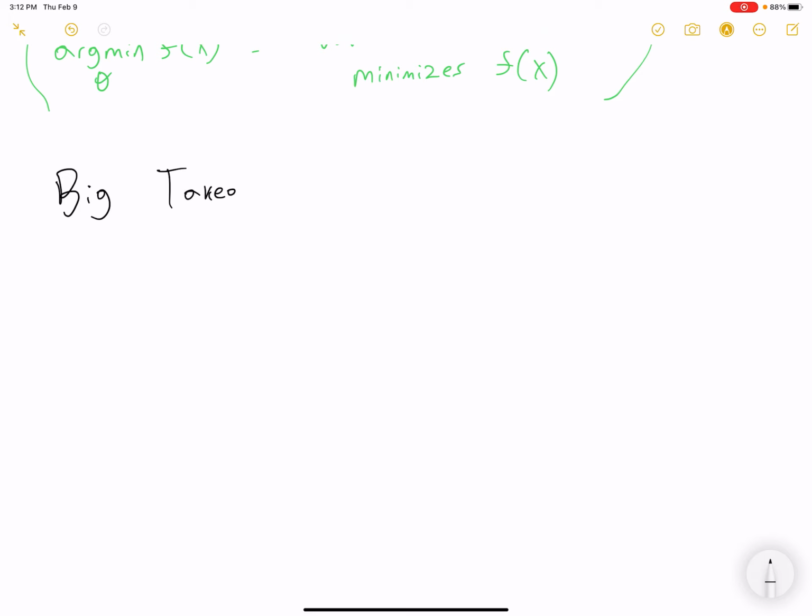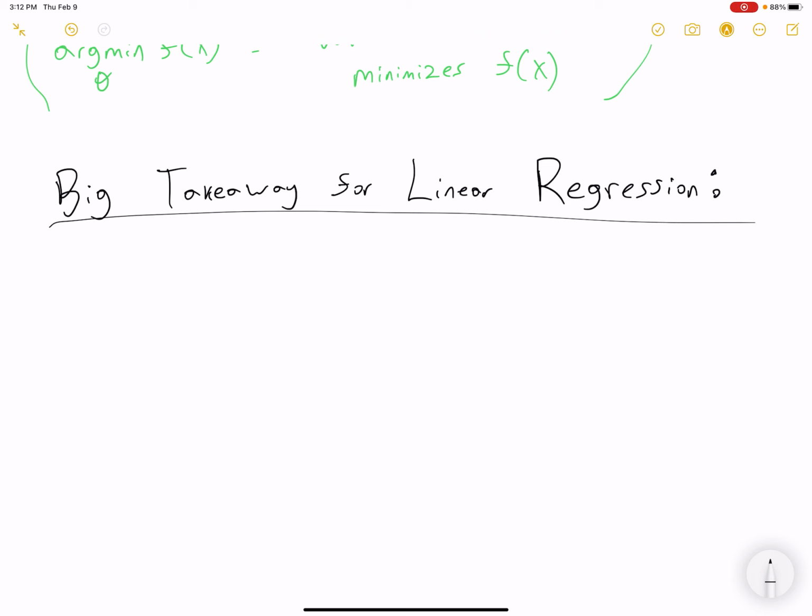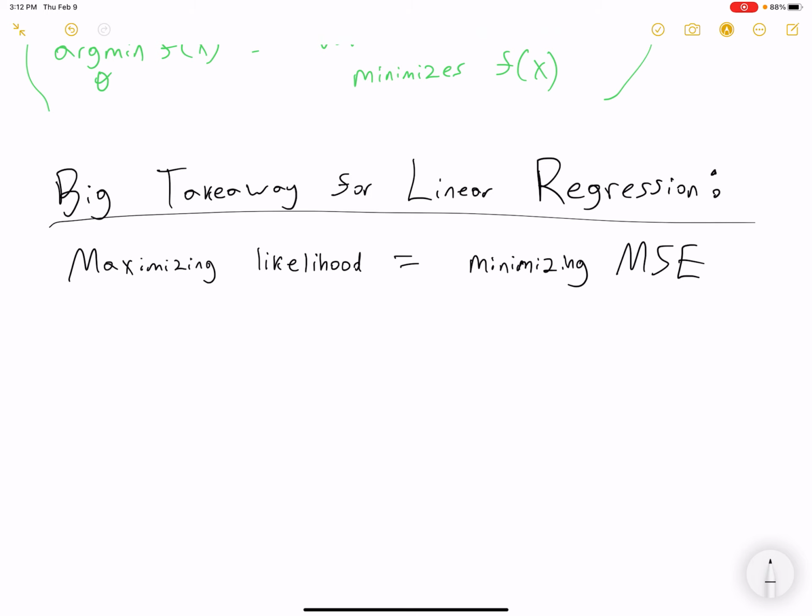The big takeaway for linear regression is that maximizing likelihood is equal to minimizing our loss function that we've been using so far for linear regression, mean squared error.